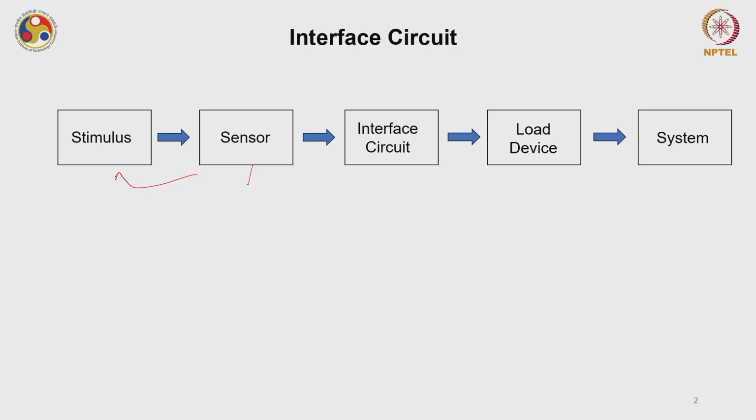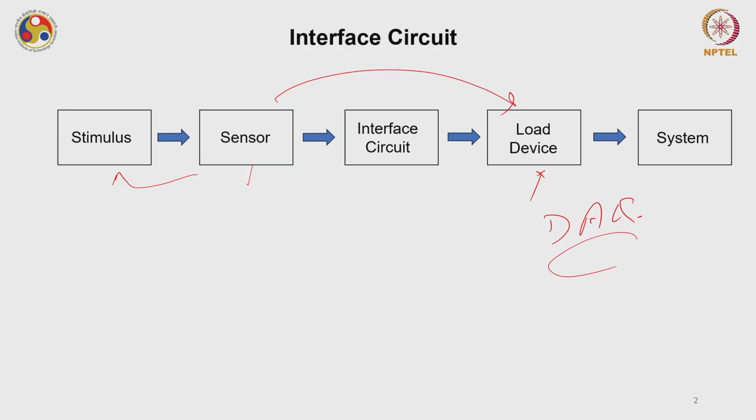We have a sensor, and we have some input stimuli, and the output has to be fed to a load device. This load device can be a simple DAC, a data acquisition system, or it can be fed directly into a microcontroller which has a DAC integrated into it.